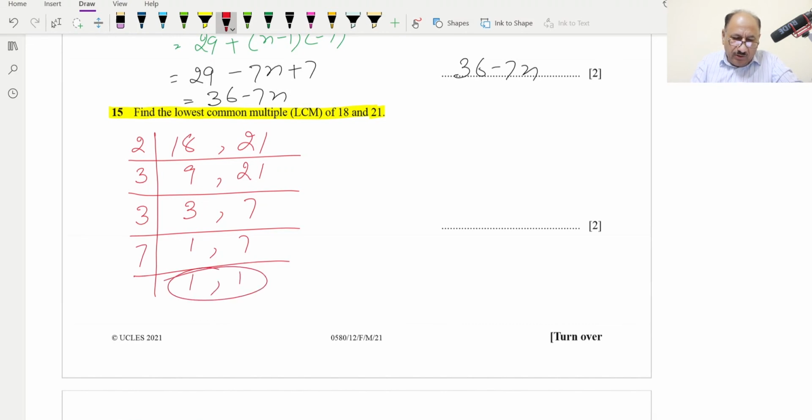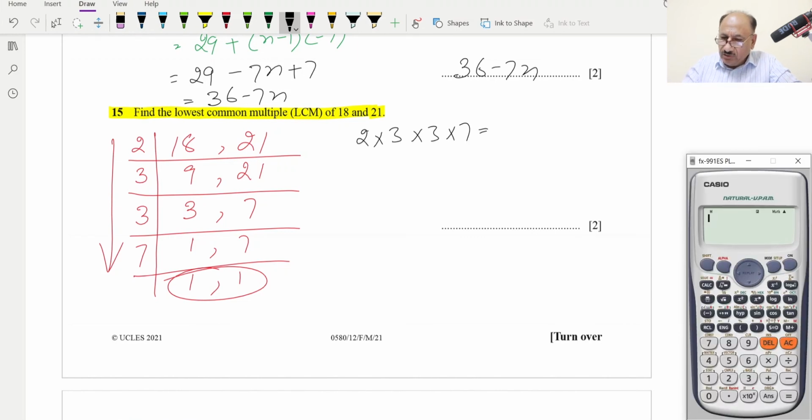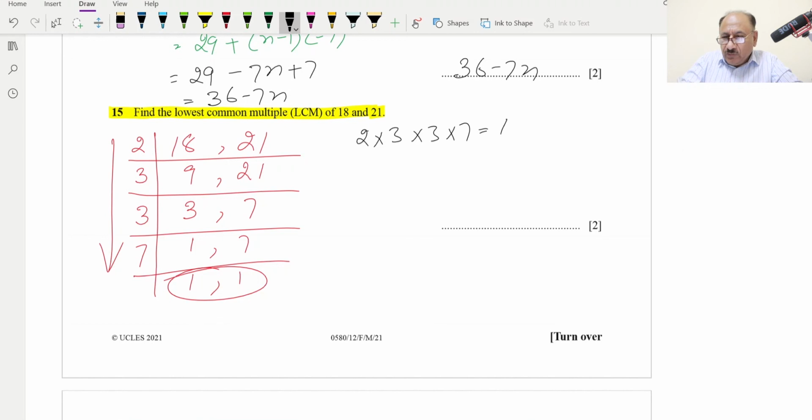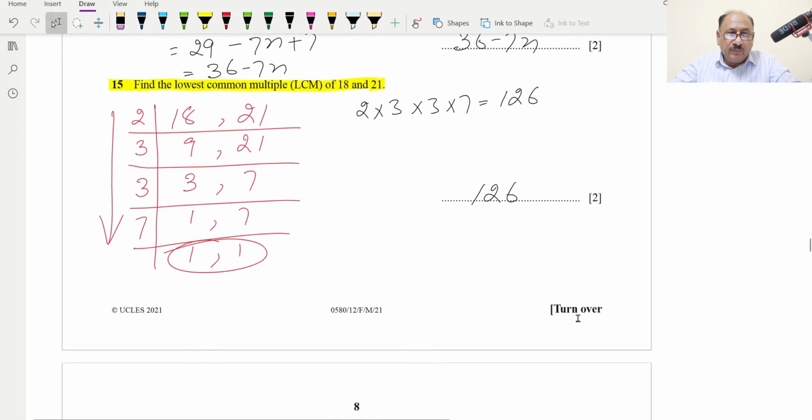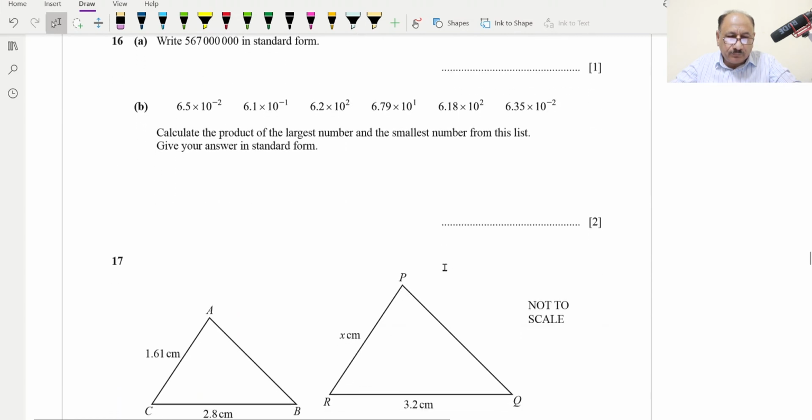After reaching 1 and 1, we will multiply these numbers. So our answer will be 2 multiplied by 3 multiplied by 3 multiplied by 7, which is the LCM, and 2 into 3 into 3 into 7 is equal to 126. So 126 will be our final answer to this question.